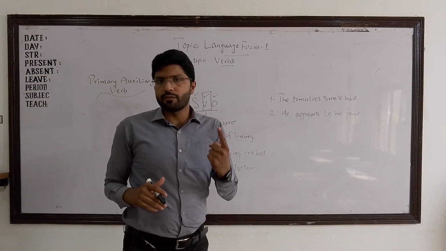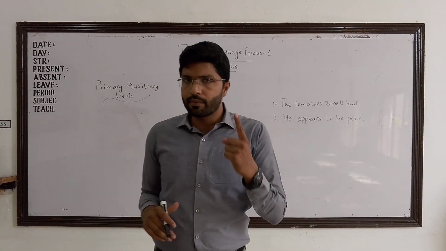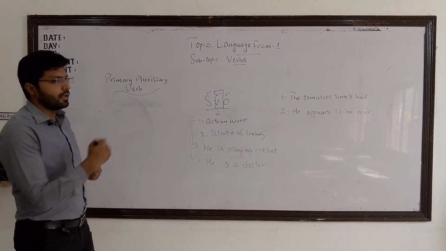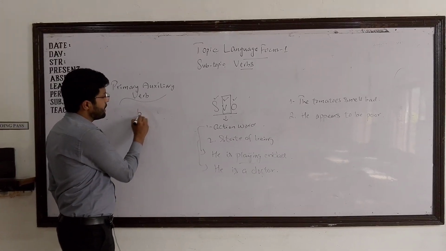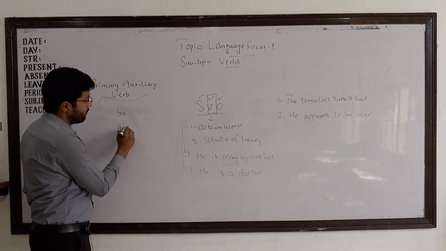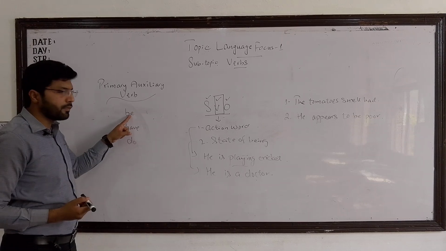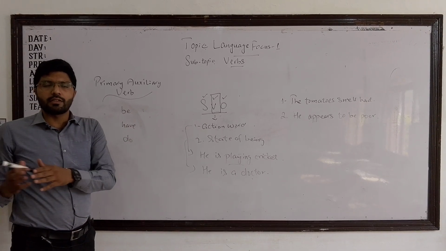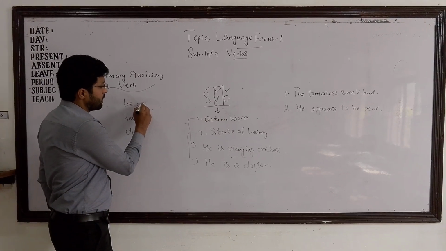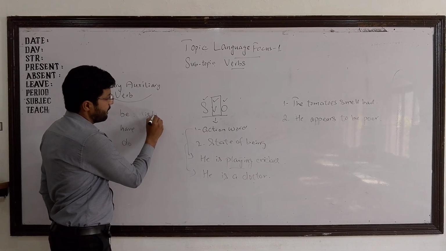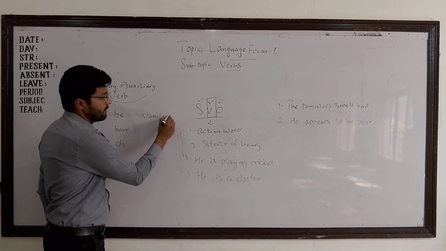Now, the first type of verb is the primary auxiliary verb. There are three primary auxiliary verbs: be, have, and do. With the help of be, in the different tenses we draw is, am, and are.